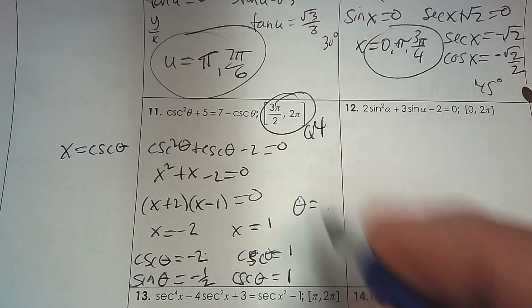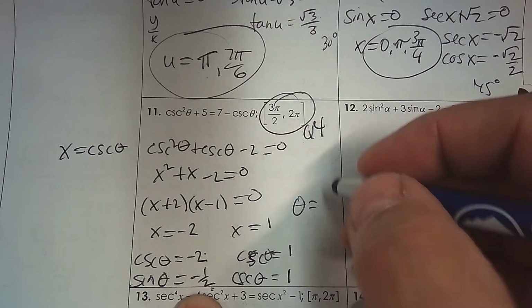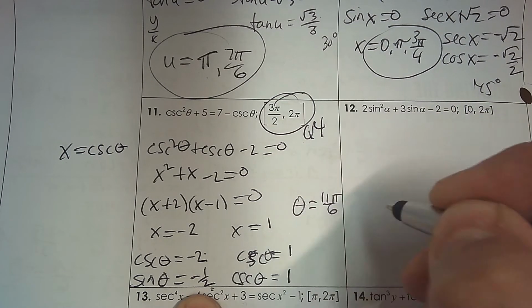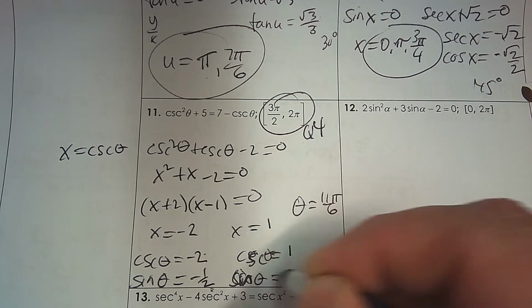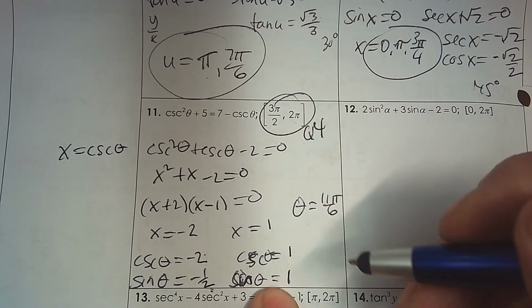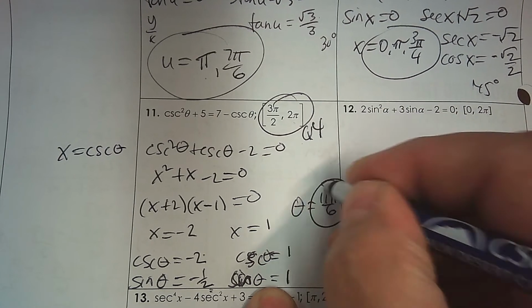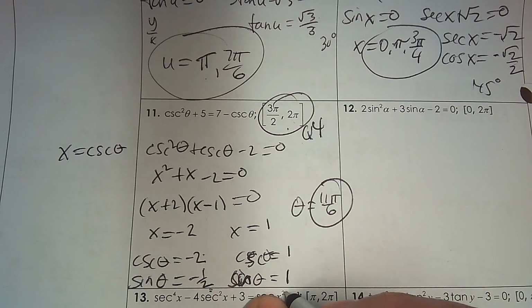So in quadrant 4, where is the y value negative a half? So that's a 30 degree, so that's 11 pi over 6. Where is, oops, I should say sine. Where is the sine value 1? And because I see it, there is no spot where it's equal to 1. So it's only this one. In the domain restriction, there is no angle that would fit that.